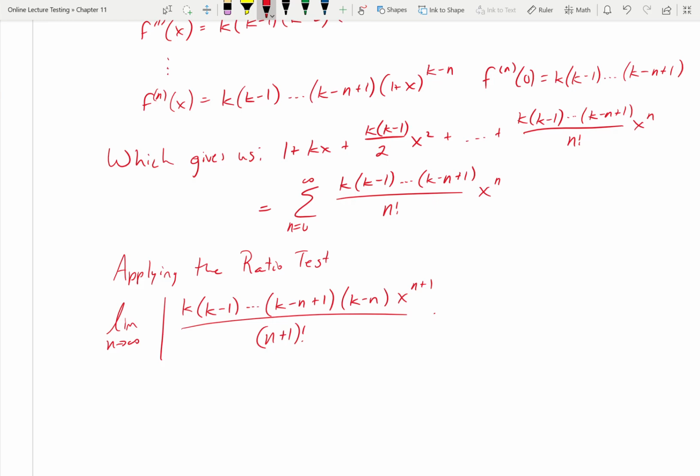All right, so this is our n plus 1 term. So I brought down the next power, which is k minus n, and then the reciprocal of our a sub n.